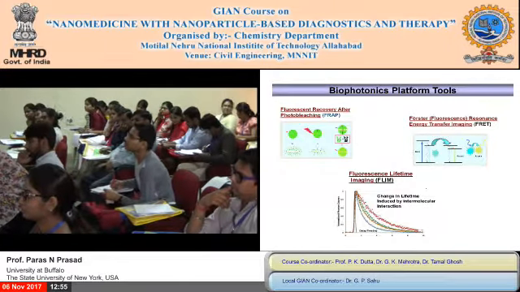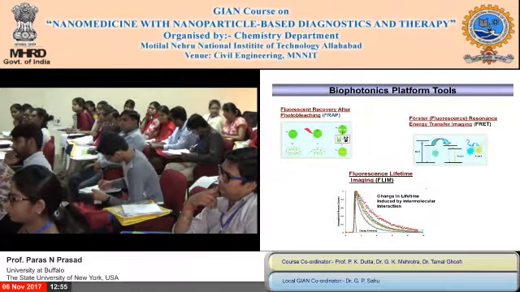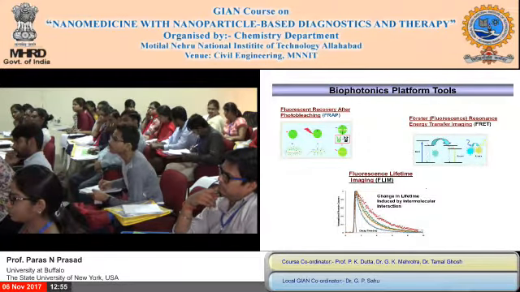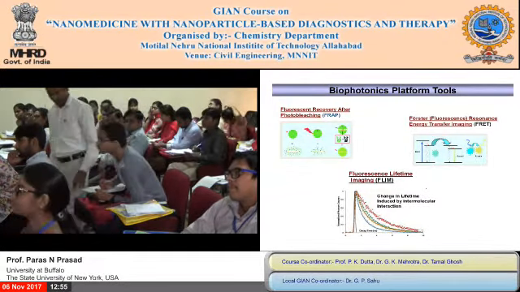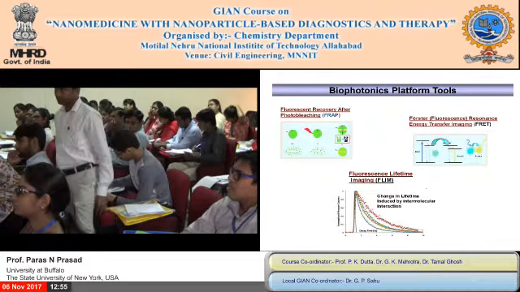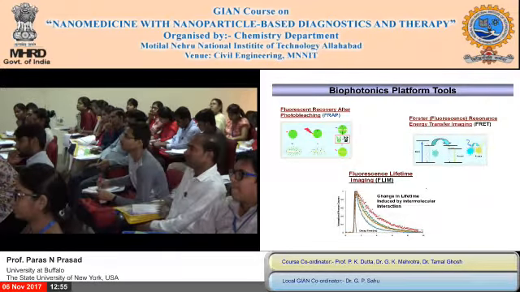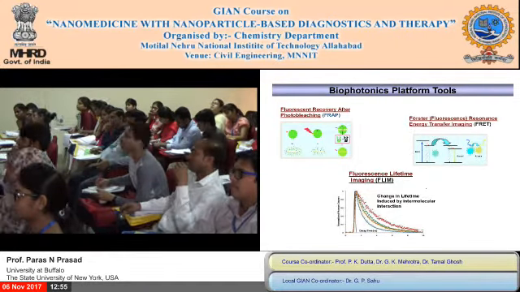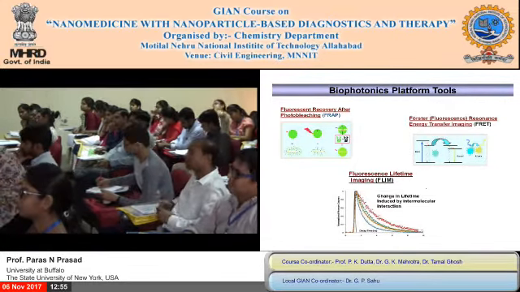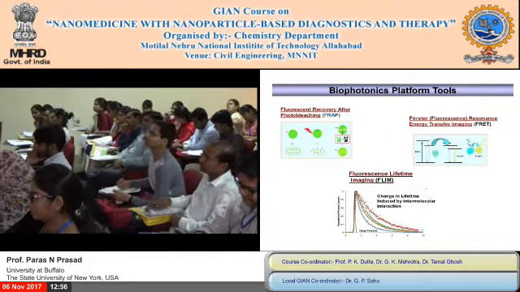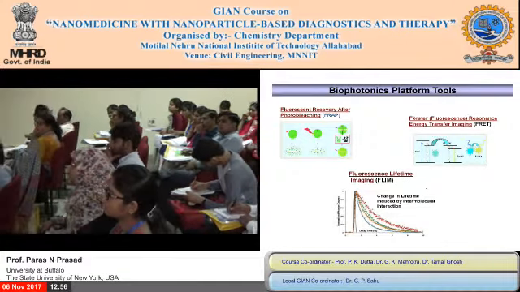So by mapping the distribution of lifetime, I can use it as a diagnostic tool to see whether the cell is normal, partly changed, or the disease has progressed further. Lifetime is a very important parameter, and you can map out the lifetime distribution in a microscope. That's called lifetime imaging. You can buy a commercial system, and we have a number of them in our lab.